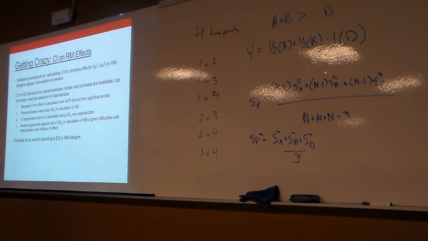If we're using something like Glass's delta, I can say scores at time 2 were a half a standard deviation above scores at time 1, based on variability relative to variability at baseline. That makes some sense, right? We lose some of that if we're using the standard deviation of the difference scores. So we've got a half a standard deviation increase based on variability in difference across change. We could do it. It starts to get kind of bulky though, right?